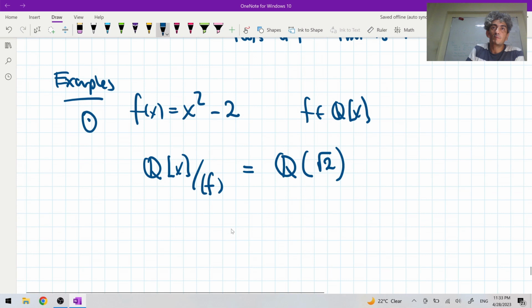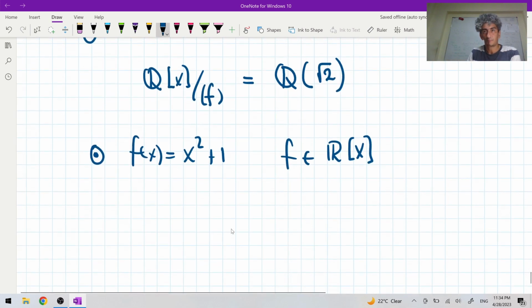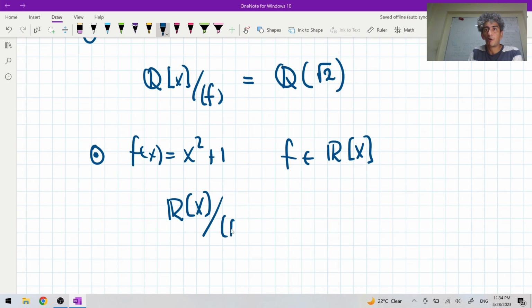Then we can also take a look at f of x equals x squared plus 1 for simplicity. f is a polynomial with real coefficients, and when we take the quotient of R of x over f, what we get is the complex numbers.